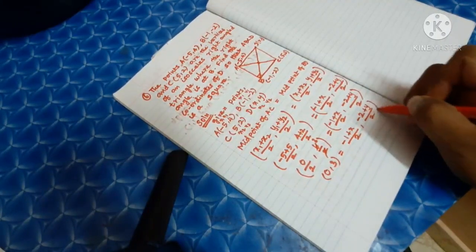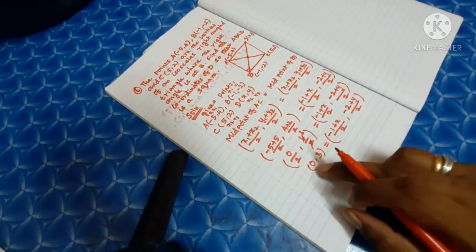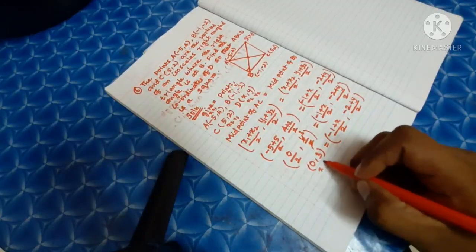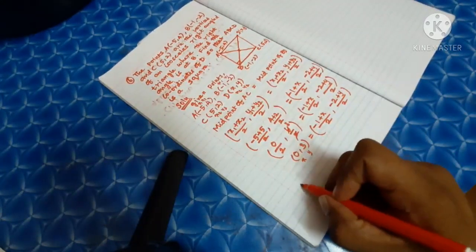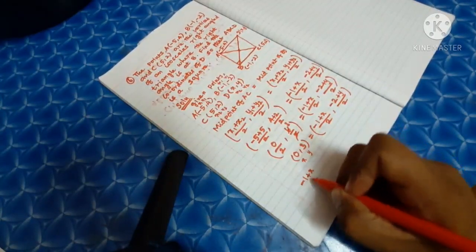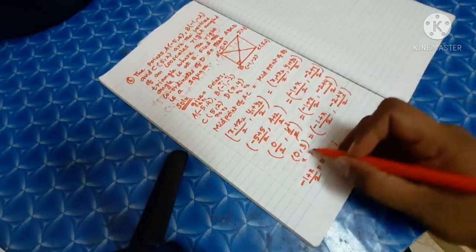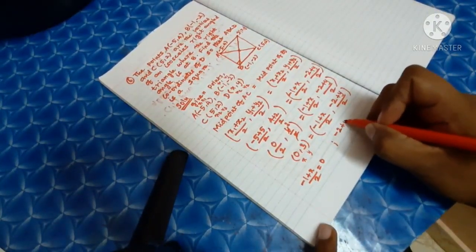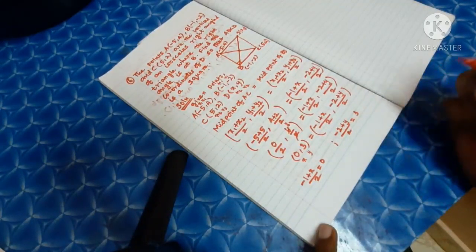Obviously we know that x is equal to x and y is equal to y. So equating these 2 points, minus 1 plus x divided by 2 is equal to 0, and minus 2 plus y divided by 2 is equal to 3.